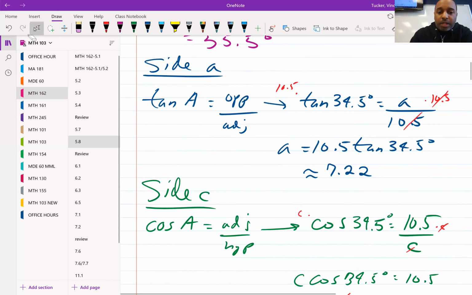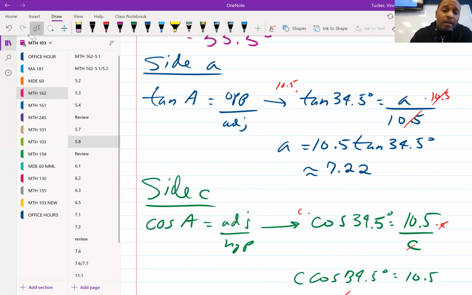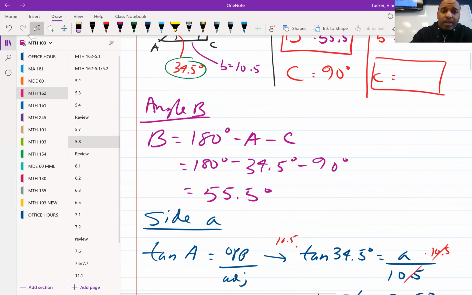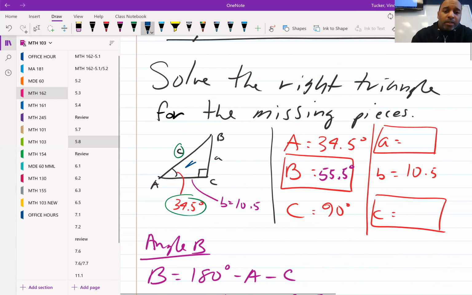And then the last one, I use that same angle A and then do cosine of A because I need adjacent over hypotenuse. And if you look back at what we have here, angle is right here. And the side we know is 10.5, and then the hypotenuse is C. And that's what we're looking for.